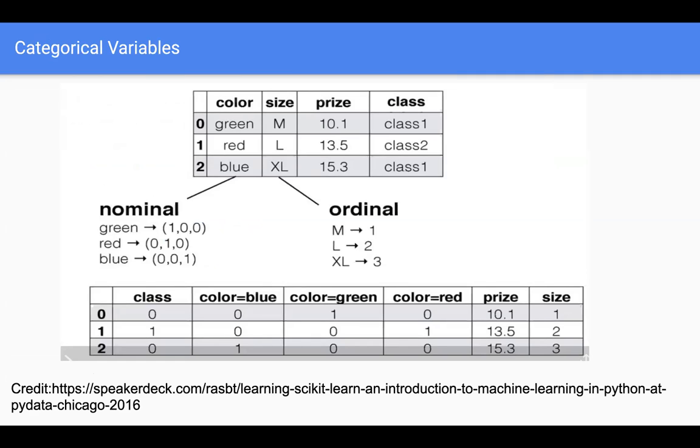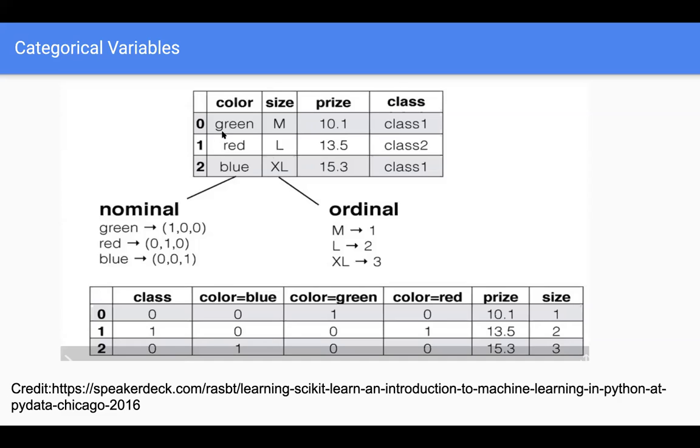I wanted to touch on this portion called categorical variables. As we saw when building the classifier model, we may have certain features such as color.